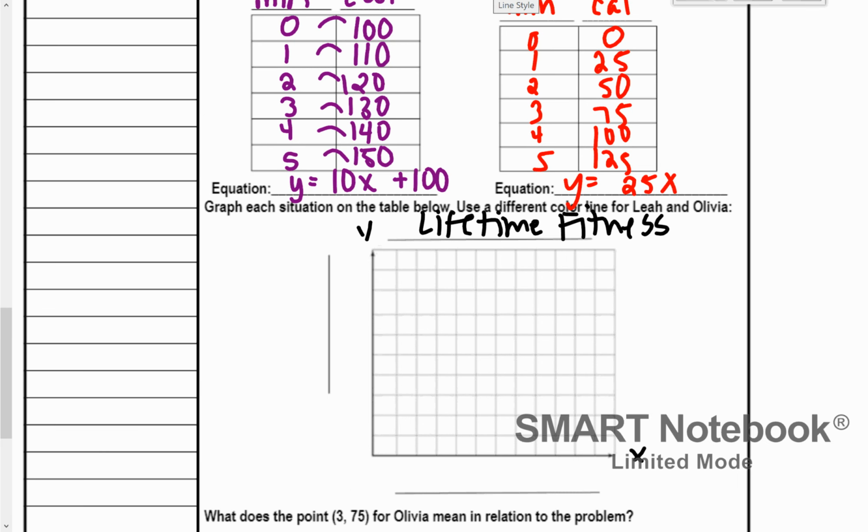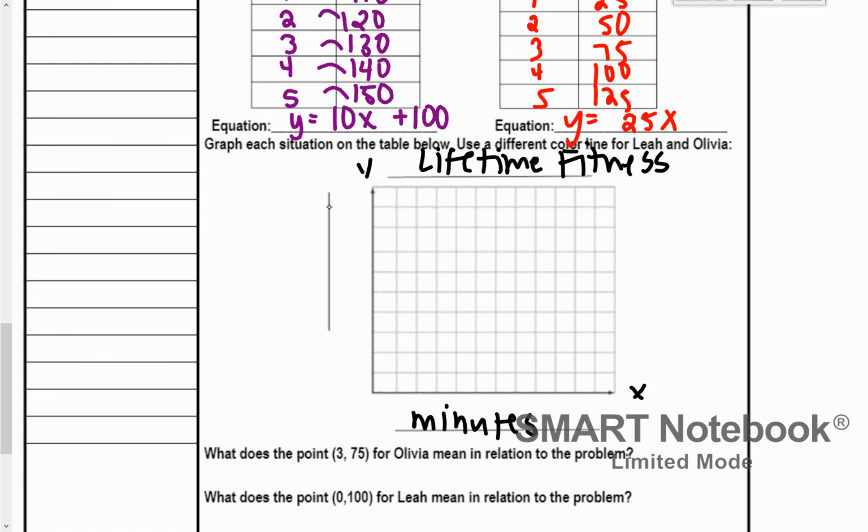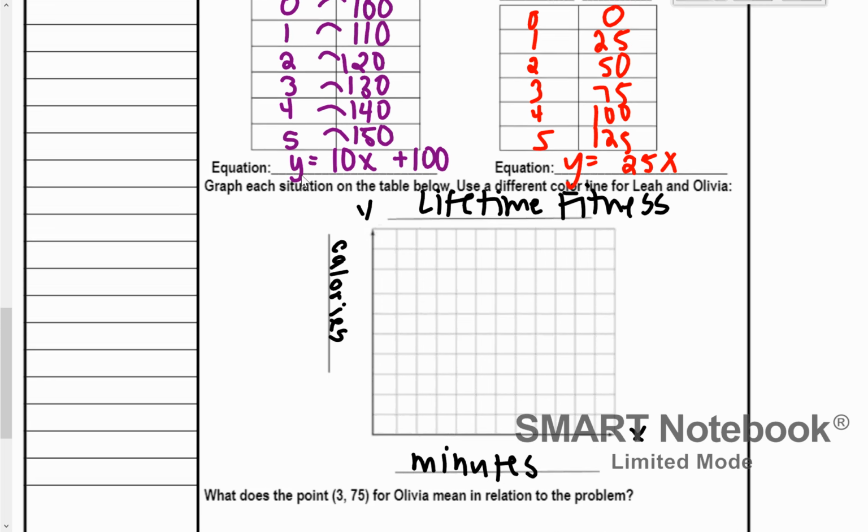So that is minutes. Our y is our dependent variable. That's calories. I'm going to try to write this sideways. Not too bad.